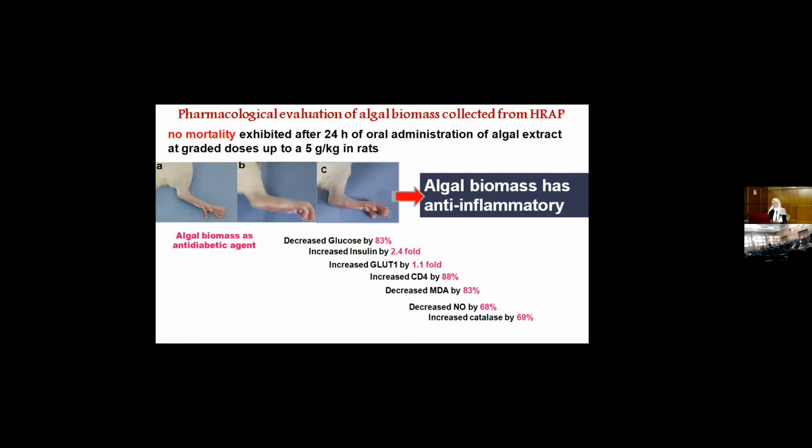Pharmaceutical evaluation of algal biomass collected from the high rate algal pond. This was used for treating mice, algal biomass as an antibiotic agent. The results were very important. It decreased glucose by 83%, increased insulin by 2.44, increased GLP-1 by 1.1 fold, and the algal biomass has anti-inflammatory effects.